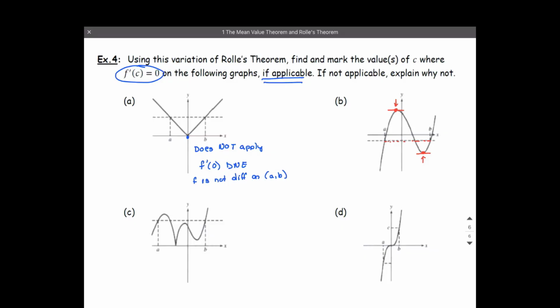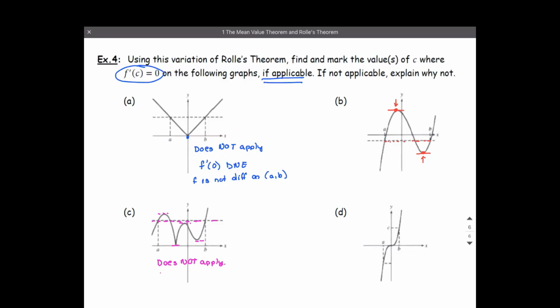Awesome. Now let's take a look at C. Now I noticed this secant line here, right? And I do see that I have maxes and mins. However, the theorem does not apply.